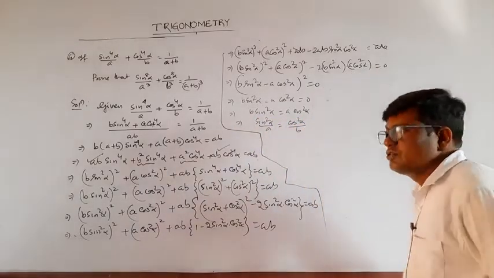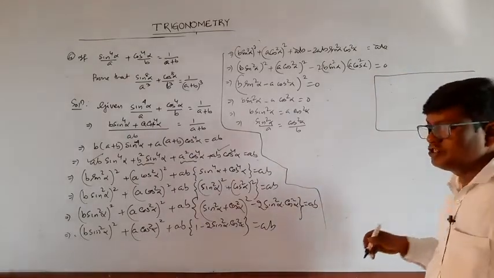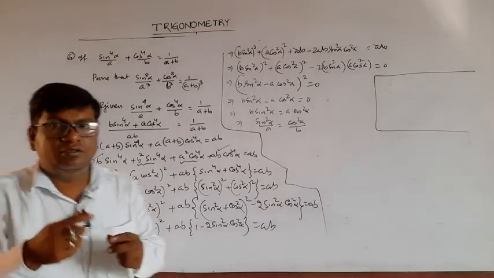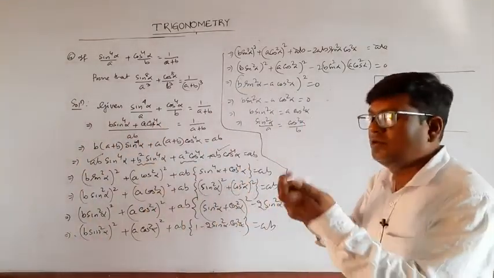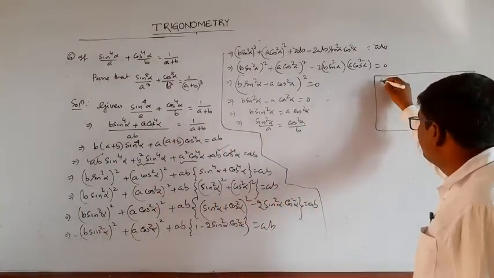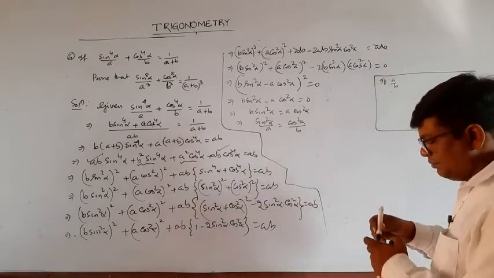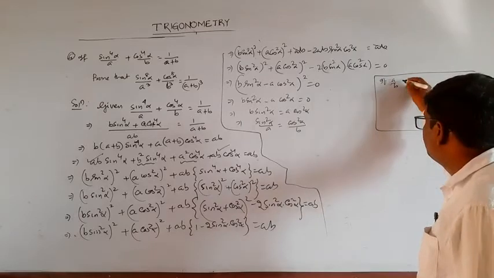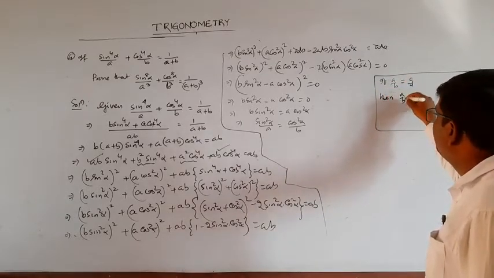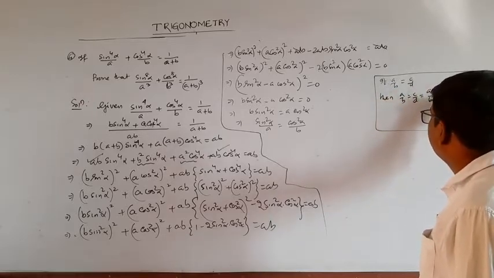We know from ratio and proportion: if a by b is equal to c by d, then a by b is equal to c by d is equal to (a plus c) by (b plus d).